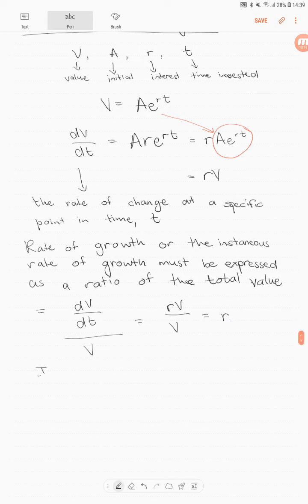So our instantaneous rate of growth is equal to r. In the next video, we will look at the optimal timing strategy as well as this growth rate.